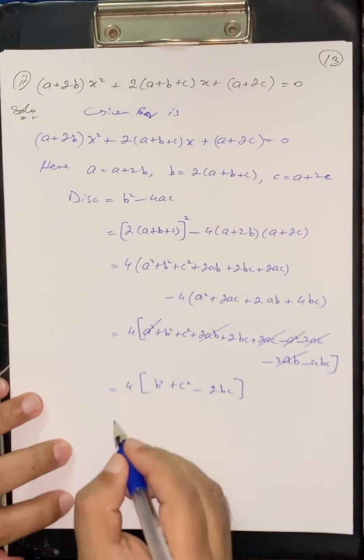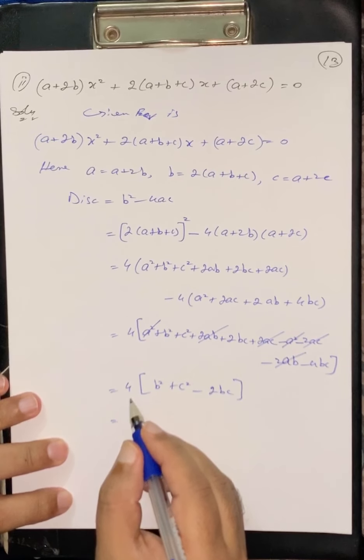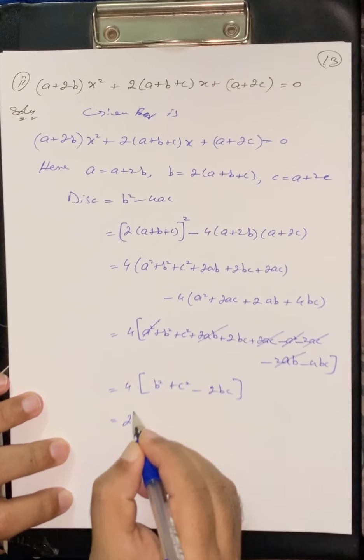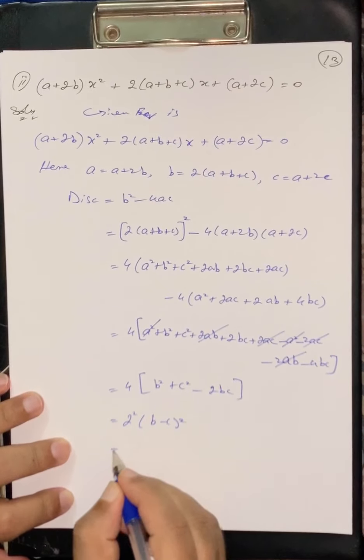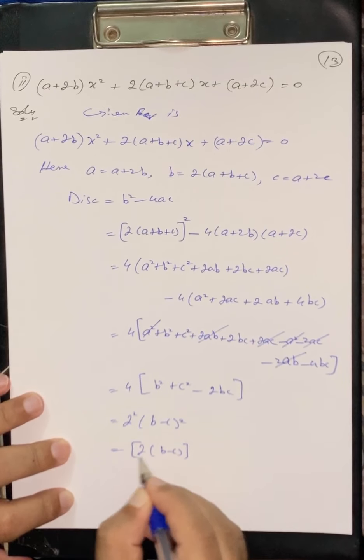So this is your formula. It's 4, means we can write that 2 square. Okay. So write here 2 square. And this is your formula, b minus c whole square. And we join the square: 2 into b minus c whole square.